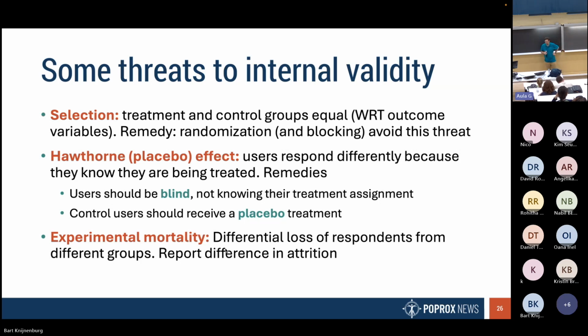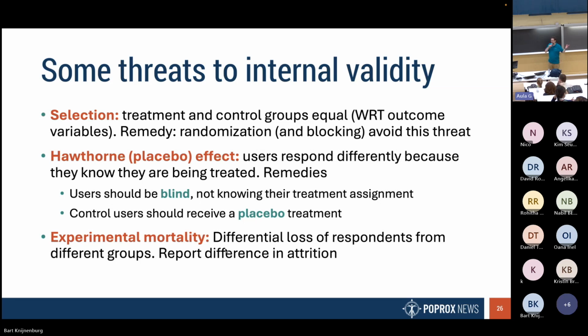Experimental mortality is where you have a differential loss in your subject pool. So let's say I have one treatment where I'm going to show you the most gory, depressing news possible, and the other group just gets the normal mixture of news. Well, you may have a bunch of people who don't like that treatment, and they drop out of the panel, and then only the strongest people survive.